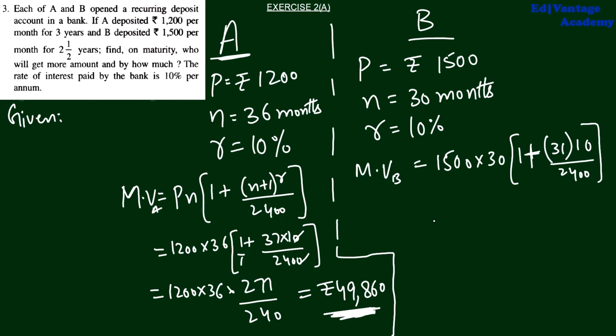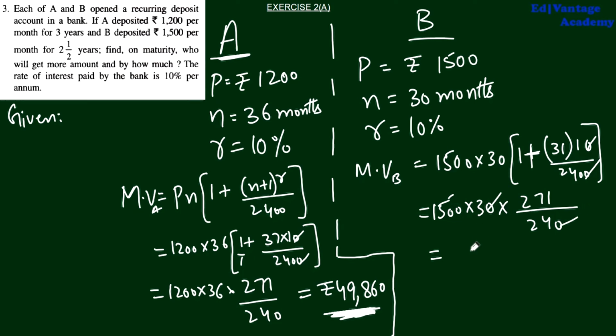And when you calculate that value in a similar way, 150 into 30, I did not multiply this, as you know why. So it will come 271. That's equal to, so here this is 1500.